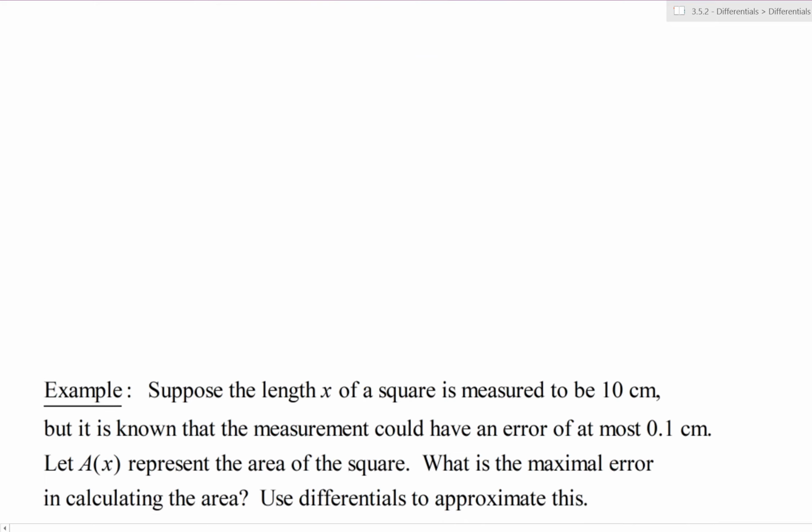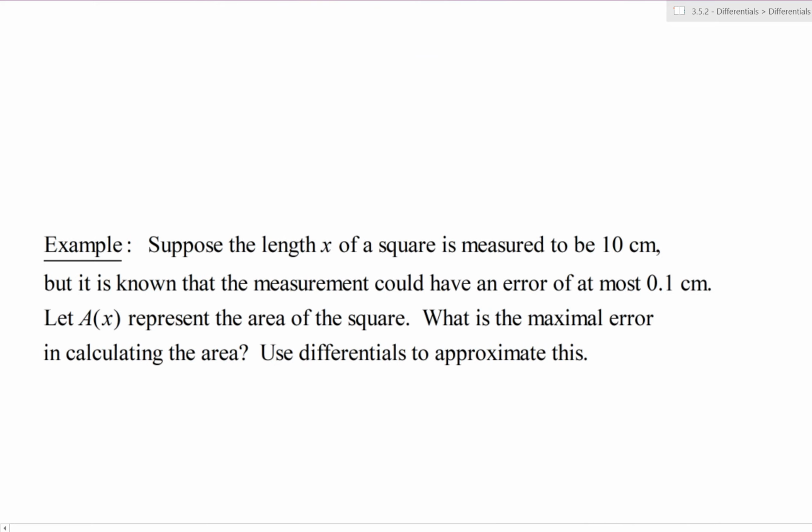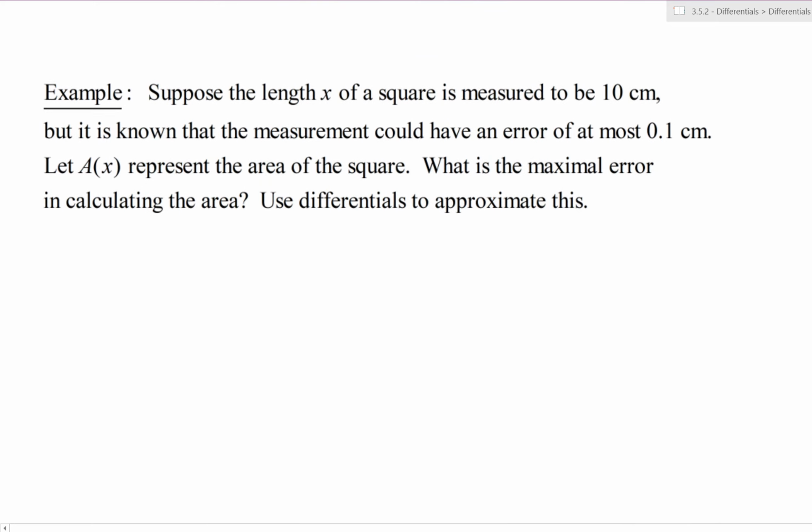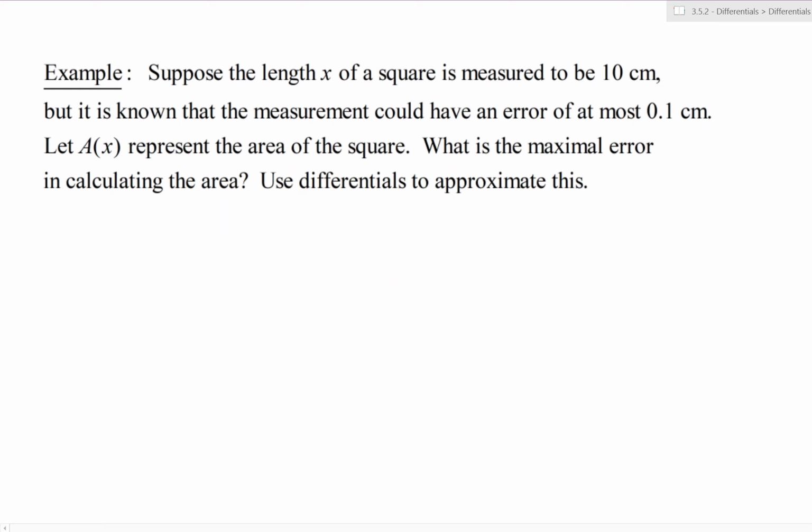And now we'd like to see a couple of examples using this idea: estimating changes in function values. Let's suppose that the length x of some square is measured to be 10 centimeters. You have some square, you measure it, it's 10 centimeters.